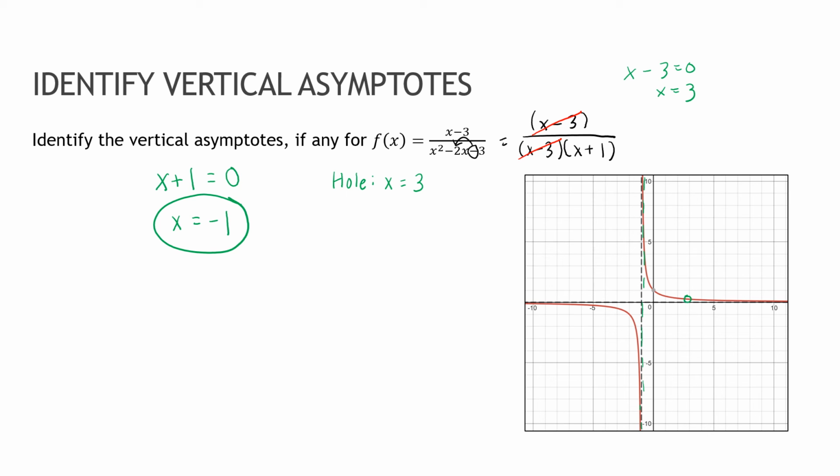So there would be a little open circle right here at 3 that says there's a hole. But if it just asks for the vertical asymptote, that's this guy right here. Notice there's not a dotted line here at 3 because it's not an asymptote, it's just a hole.